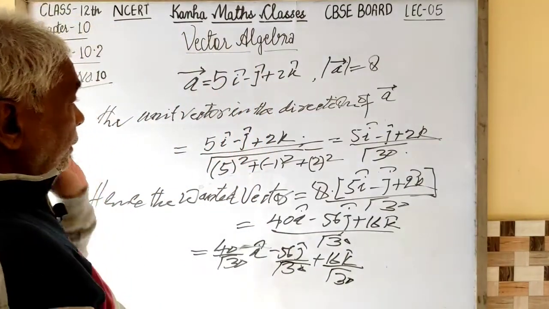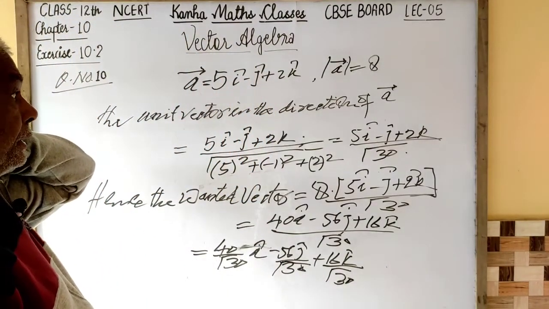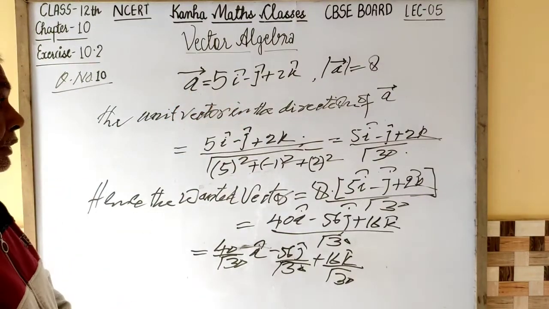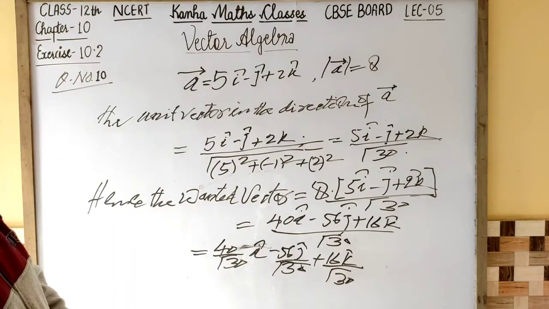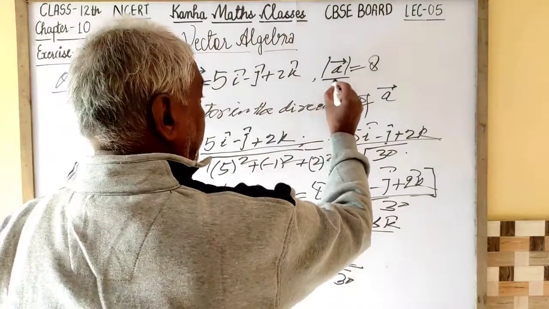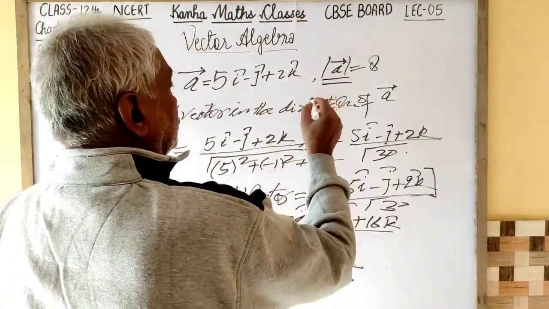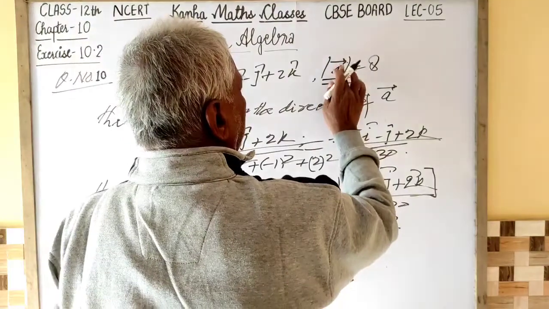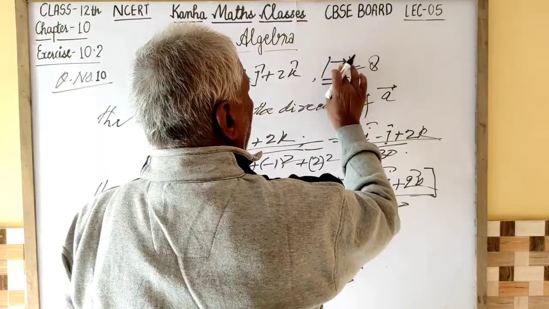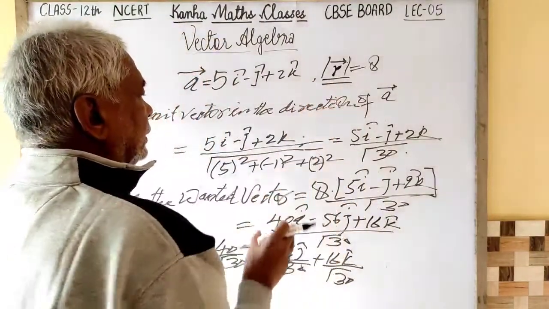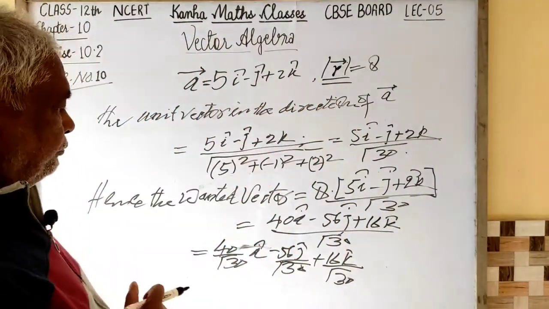This will be the wanted vector that has the same direction as the vector A equal to 5i minus j plus 2k and having the magnitude 8. This is the magnitude of the wanted requisite vector, not of this. You may write R here also, because a confusion will be raised here.